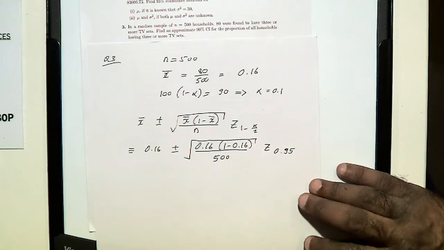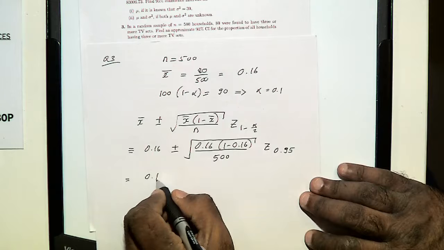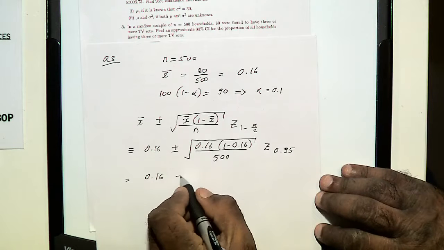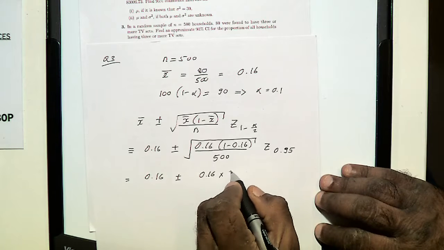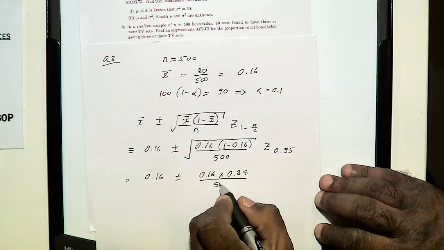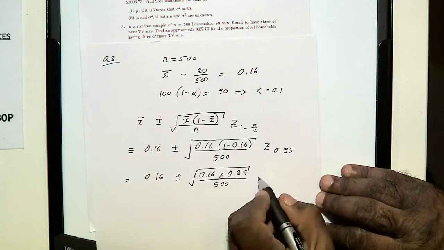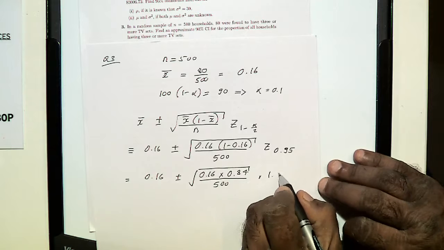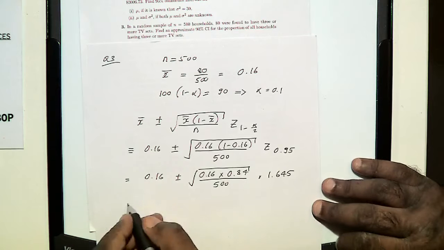Now, you can read this off the table for the normal. If you read it off the table for the normal, this will be 1.645, right?